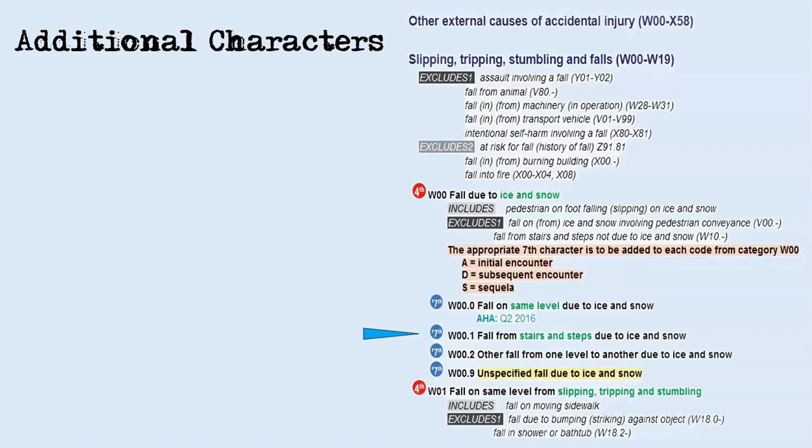Therefore, it's important to familiarize yourself with the symbols before assigning an ICD-10-CM code. The extension character must always be in the 7th position. So, if a code has fewer than 6 characters and requires a 7th character extension, you must fill in all the empty character spaces with placeholder X.